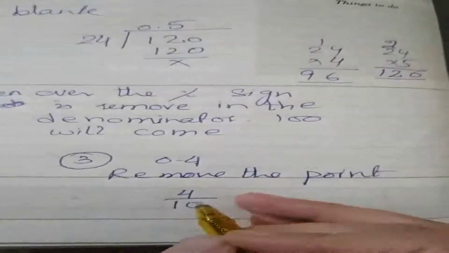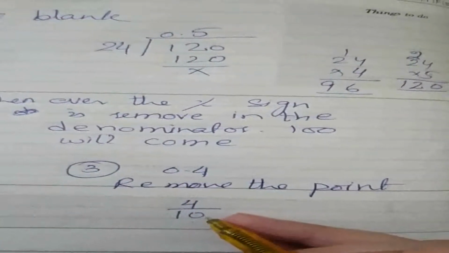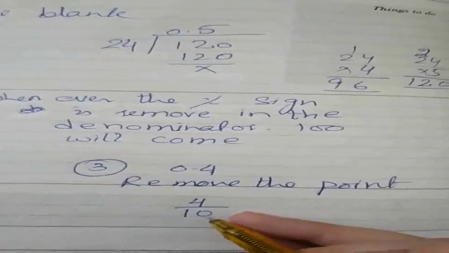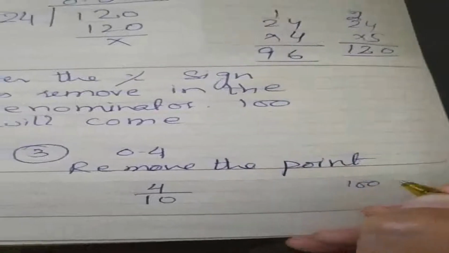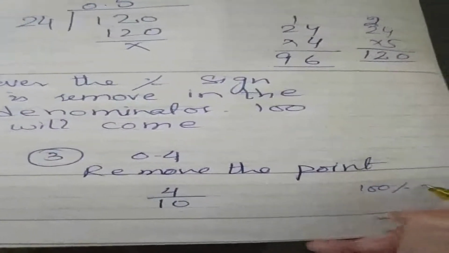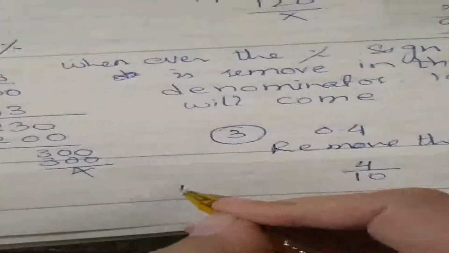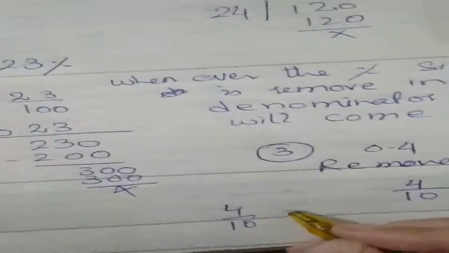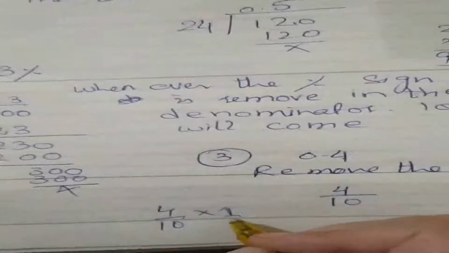The first step is you have to remove the point, which we have done, and in the next step, you will know that 100% is equal to 1. So if this is multiplying with 1, in place of 1 you can write 100%.